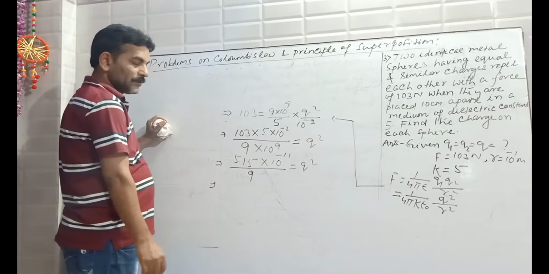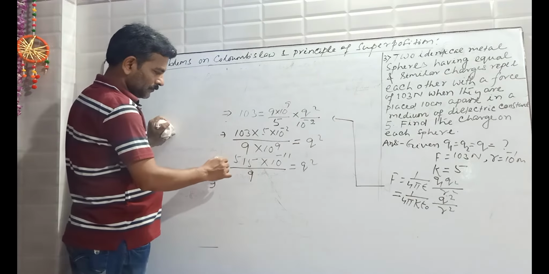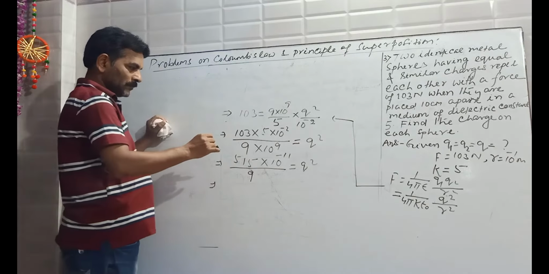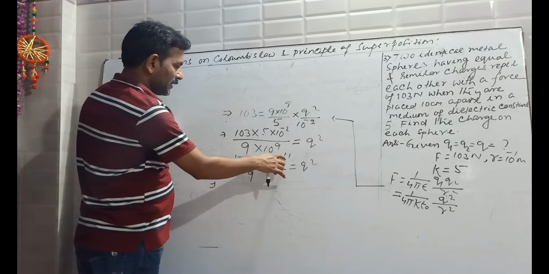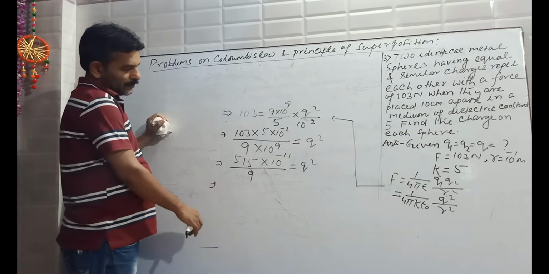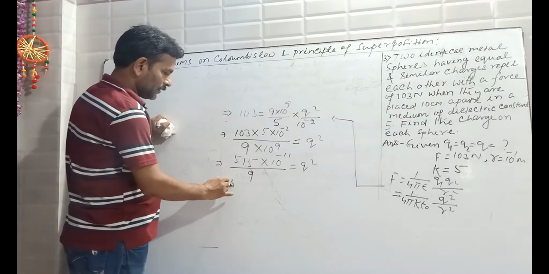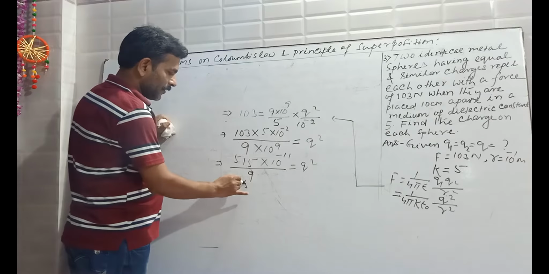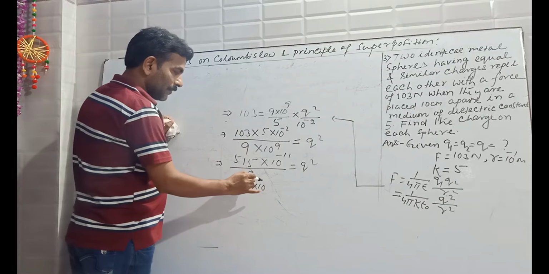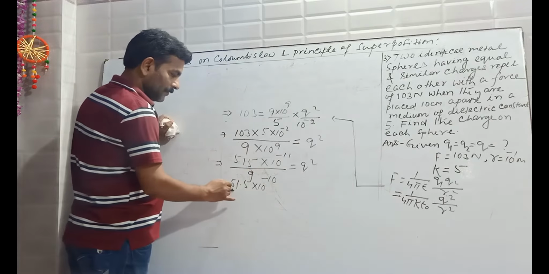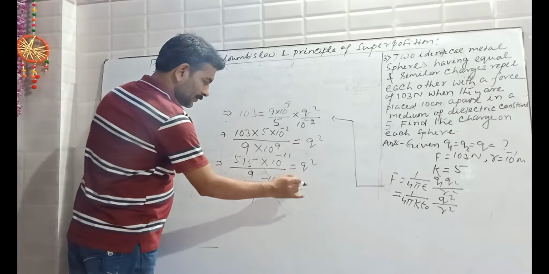So what will be the value of Q? You see, 10 to the minus 11, you make it 10 to the minus 10. So it will be how much? 51.5 into 10 to the power minus 10 by 9 is Q square.